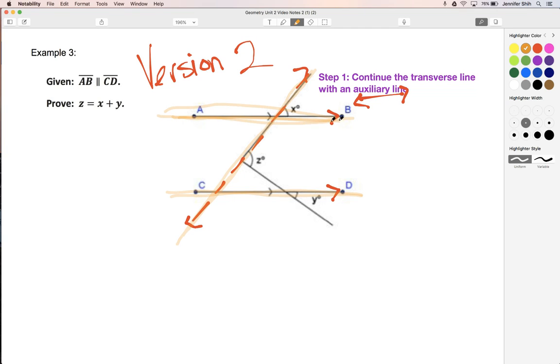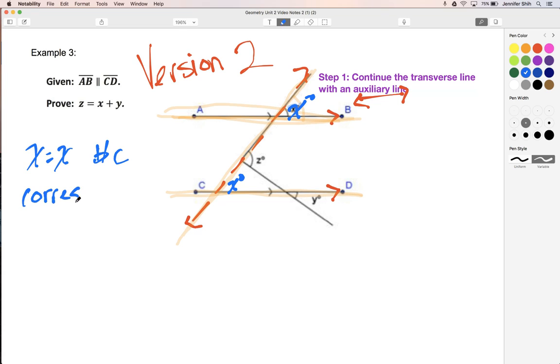Sorry if you can't see orange. This angle, angle X, is also equal to this angle X. X is equal to X because they are, that's right, you guessed it, corresponding angles. Corresponding angles of parallel lines.